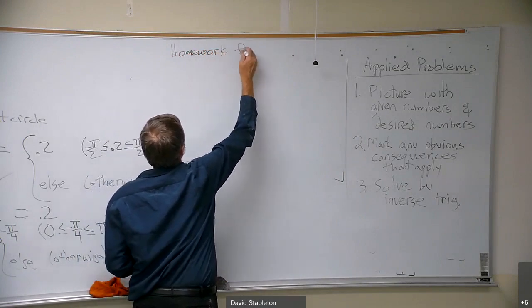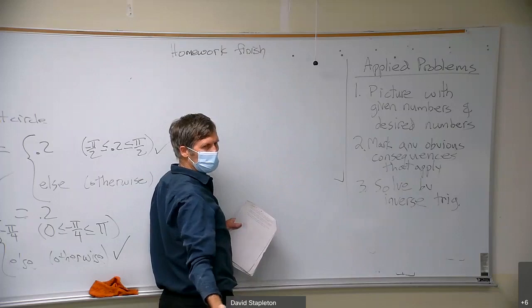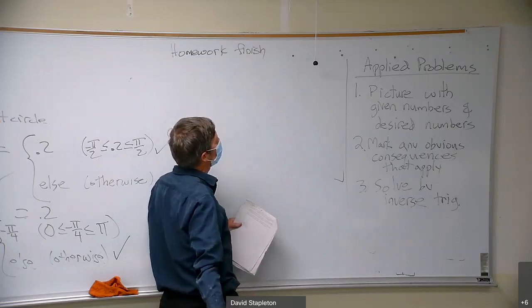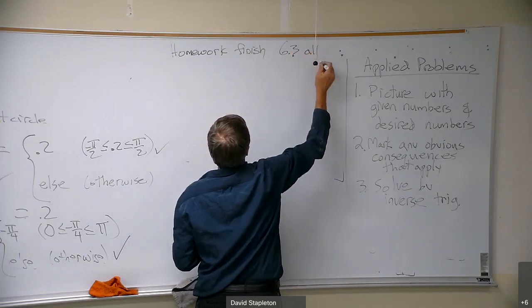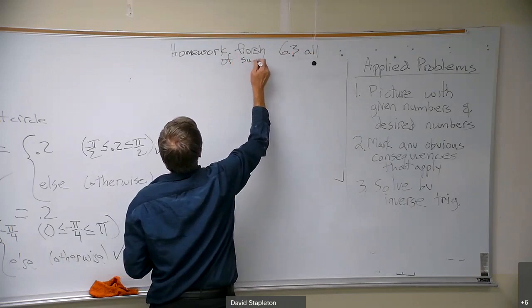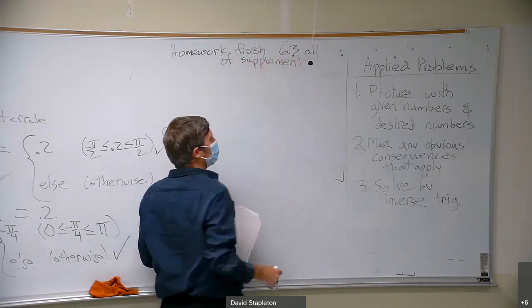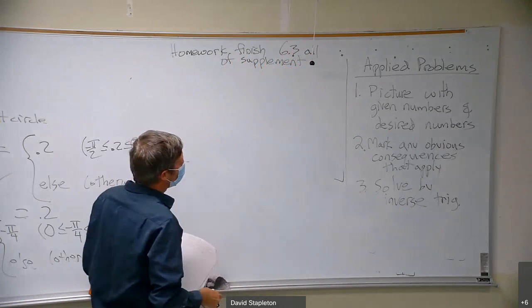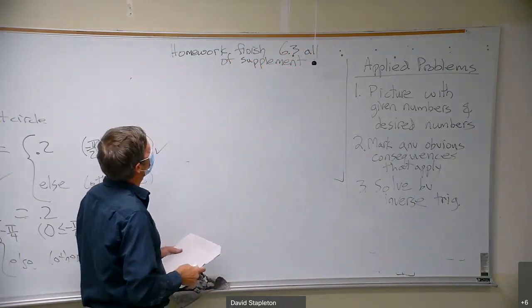I said all but the last problem out of 6.1, all but the last problem out of 6.2, and all of 6.3, out of the supplement. Be able to do those kinds of things. It's only one chapter. You can keep a cookbook memory for one chapter, so it'll be easier than two chapters last time.